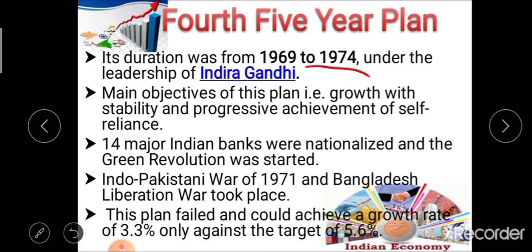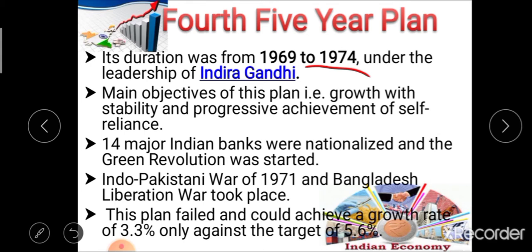The first and major achievements were that 14 major Indian banks were nationalized in 1969 and the green revolution was started during this plan.